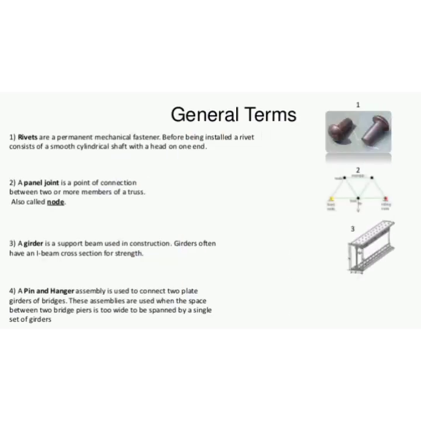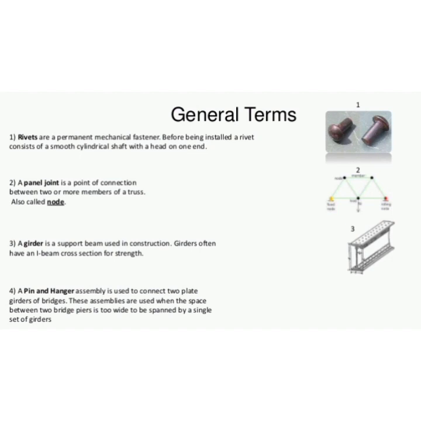General terms. Rivets are a permanent mechanical fastener. Before being installed, a rivet consists of a small cylindrical shaft with a head on one end.